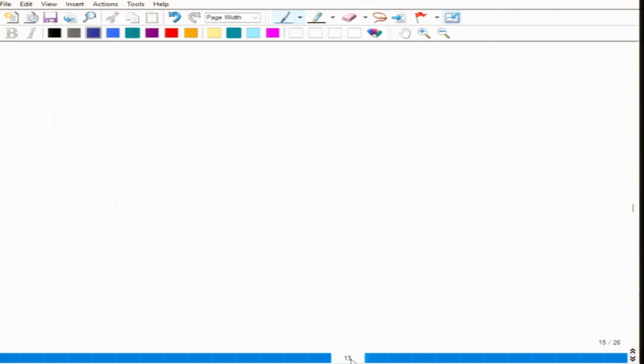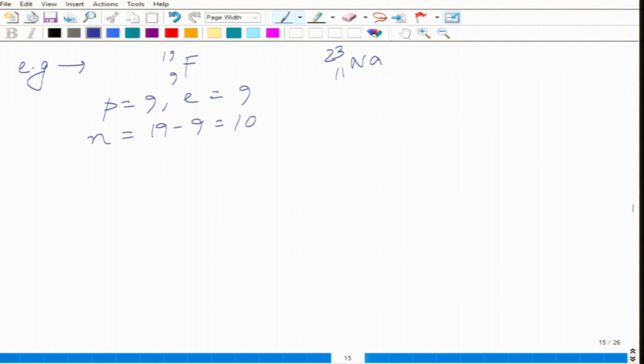Some examples of isodiapheres we will see. The first one is fluorine with atomic number 9 and mass number 19, and sodium with atomic number 11 and mass number 23. For fluorine, the number of protons is 9, electrons 9, and neutrons 10.